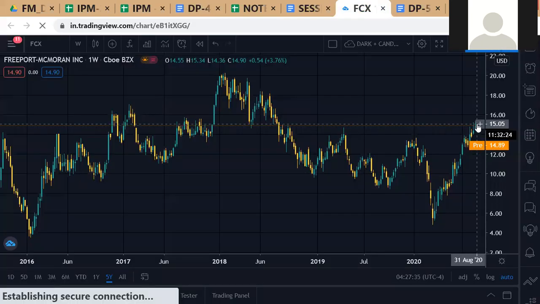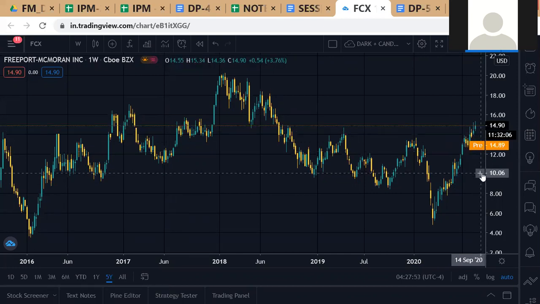When they say FCX is overvalued, what they actually mean is that maybe their estimate of the fair value is $10. So they look at the market price, see that it is 14.90, and say FCX is overvalued. If their estimate is $10 and the market price is 14.90, they'll say FCX is overvalued.